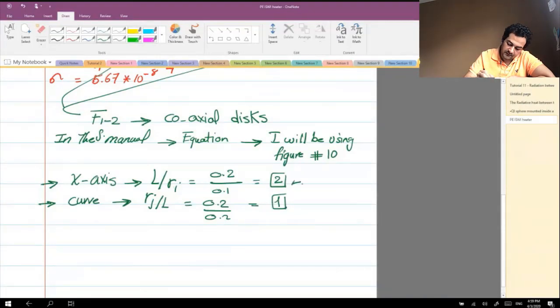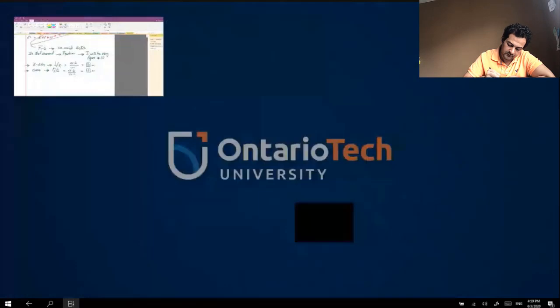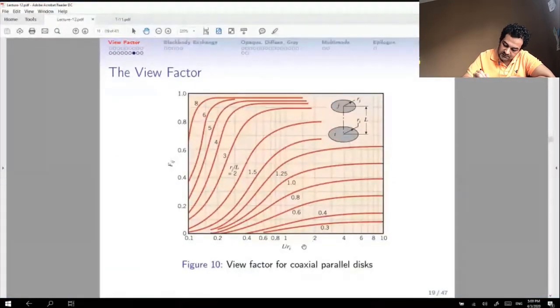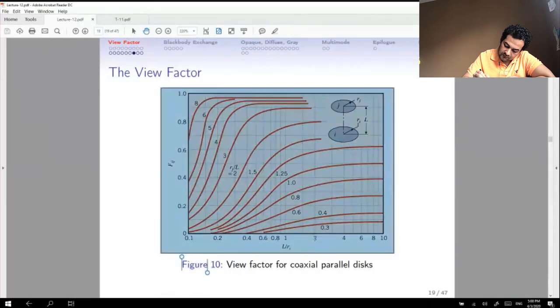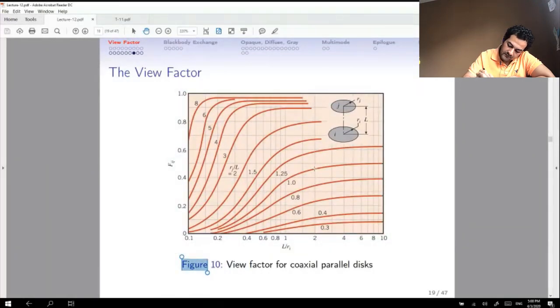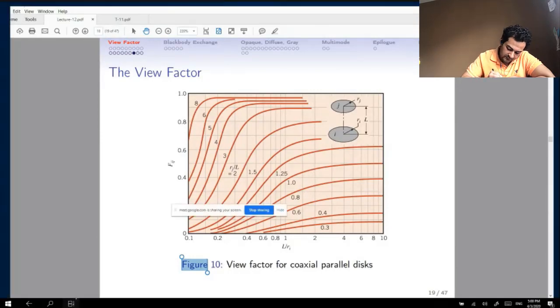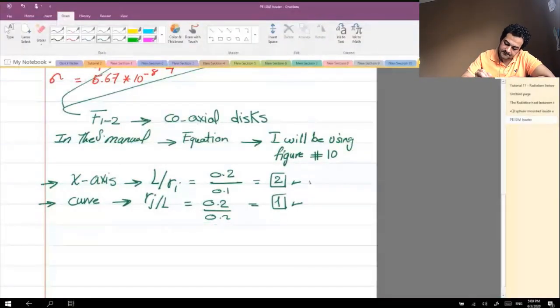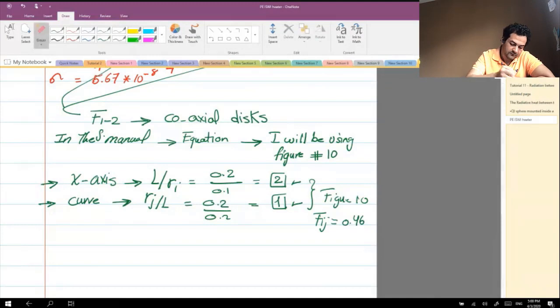So from the x-axis 2 and from the curve 1, you're going to locate Fij. It is going to be between 0.4 and 0.5, a little bit in the middle, so it's going to be 0.45 or 0.46.